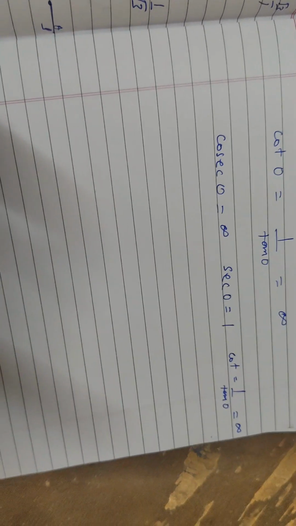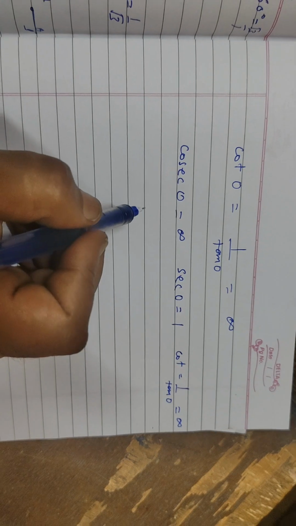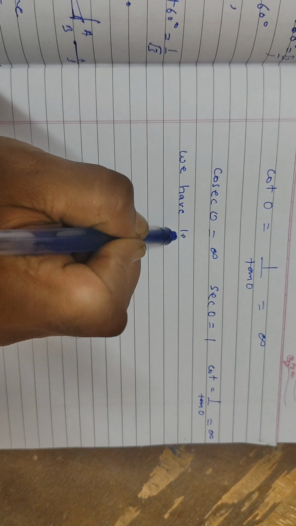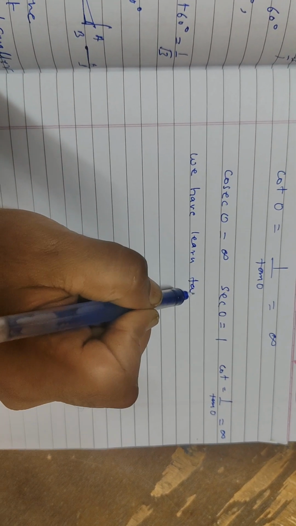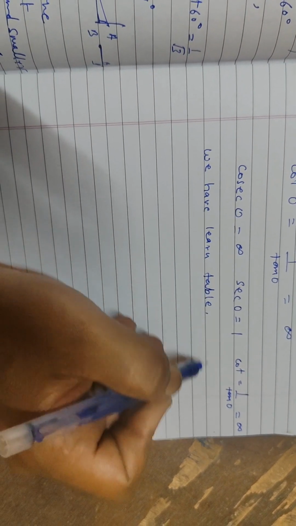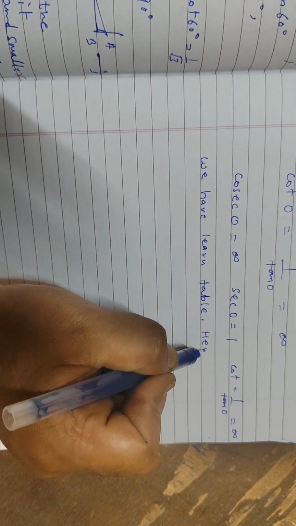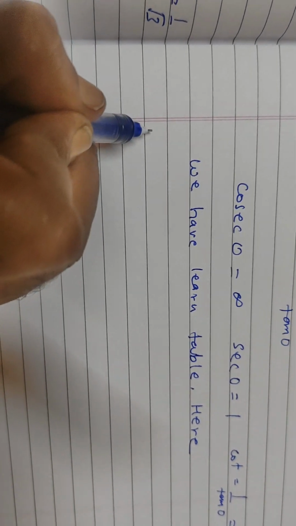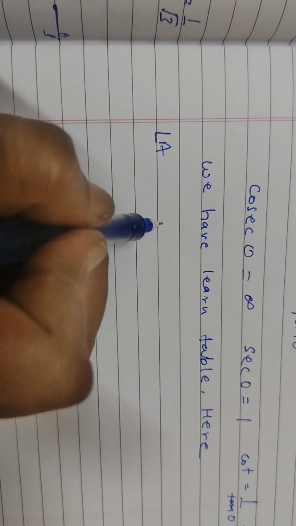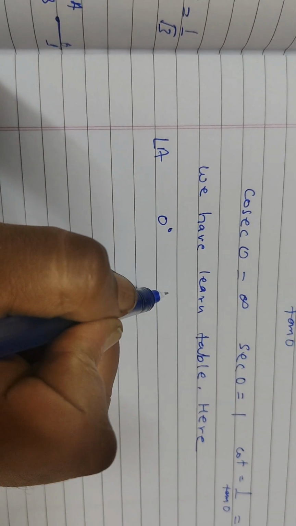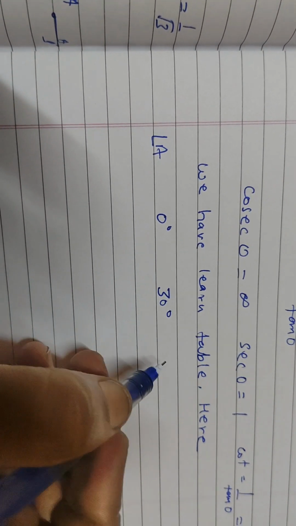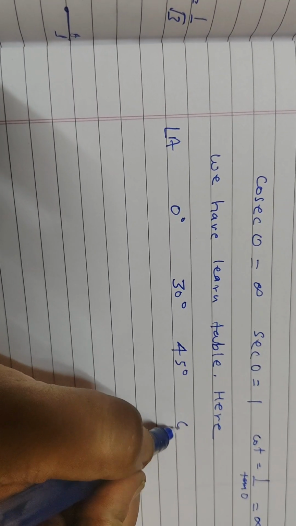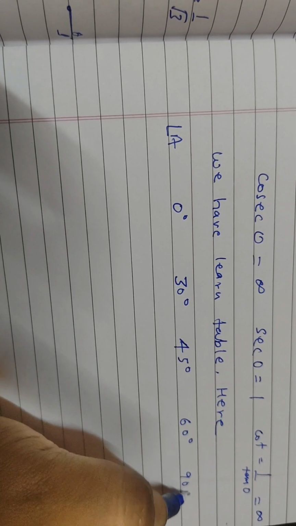Here we make a table. We have to learn the table here. Angle A: 0 degree, 30 degree, 45 degree, 60 degree and 90 degree.